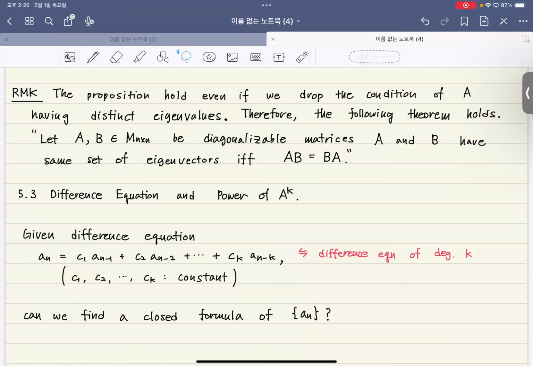Whenever you have such initial conditions, you can completely determine a closed formula for a_n. So this is a difference equation, and today we are interested in solving such difference equations.